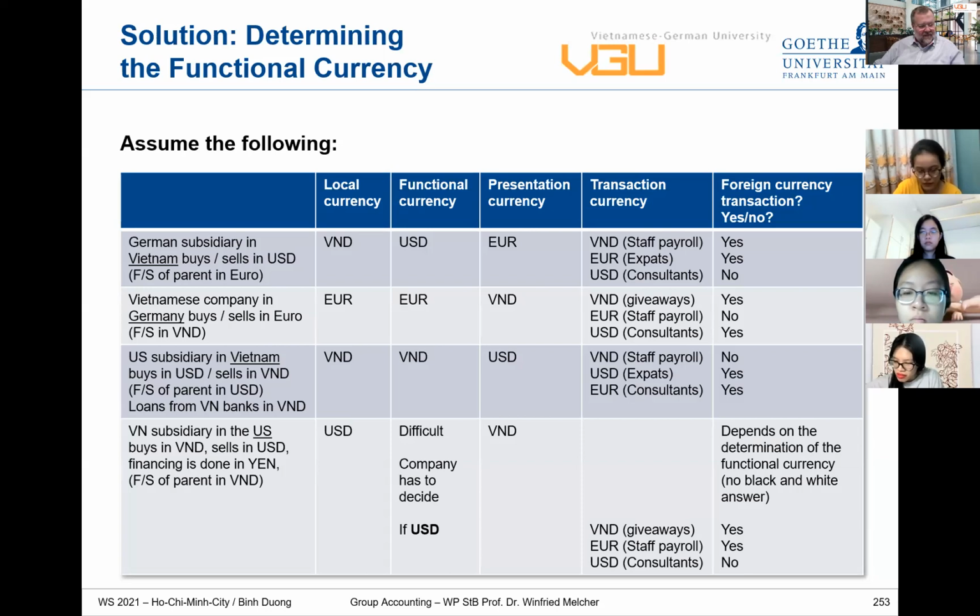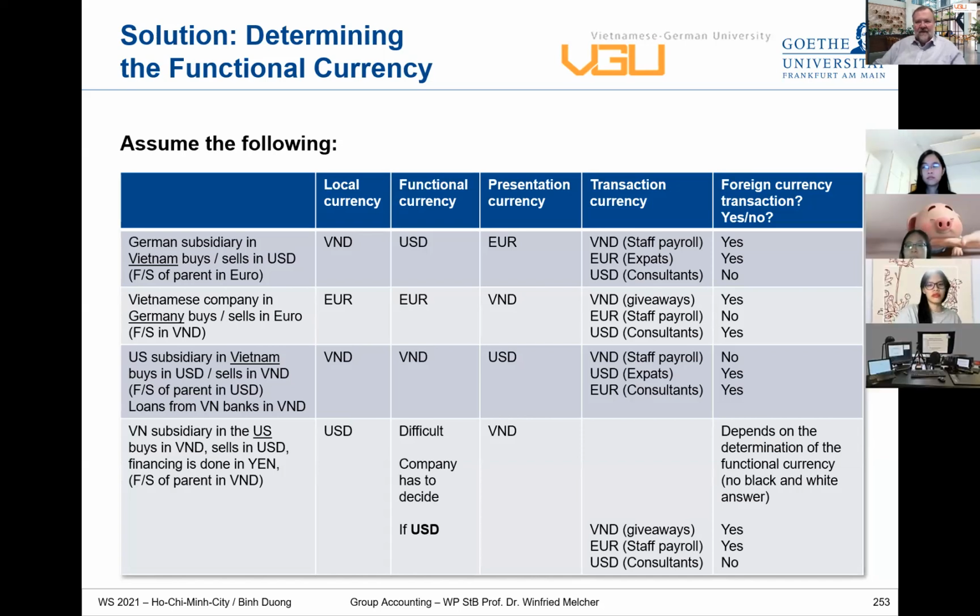Welcome back. We just looked at the functional currency determination. We had 4 companies, and we looked at several transactions. And I think you clearly got the message. Well, the local currency is something that is a given.